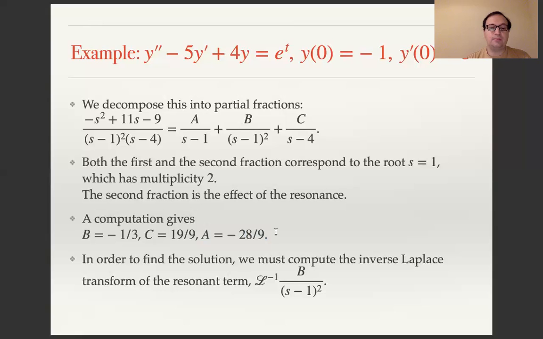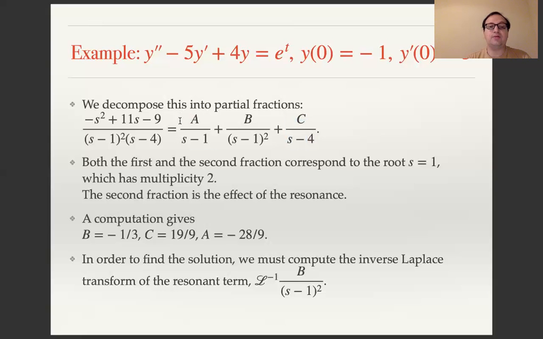And then, in order to find the solution, we must compute the inverse Laplace transform of each term. We already know how to compute the inverse Laplace transform of A over s minus 1 and of C over s minus 4.